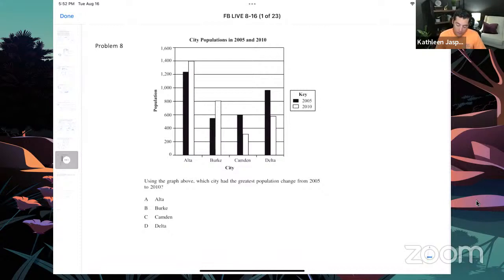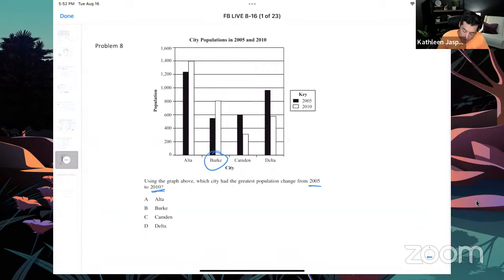And so here's where I think you would get the most errors. Because it says the change from 2005 to 2010, a lot of people might choose this answer here because black is 2005 and white is 2010.